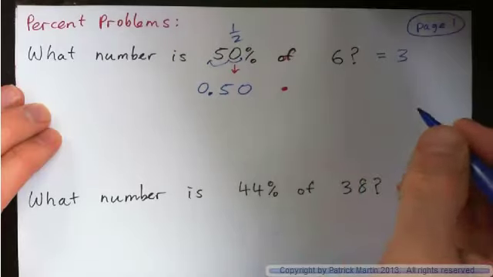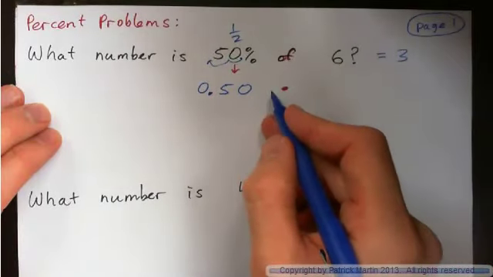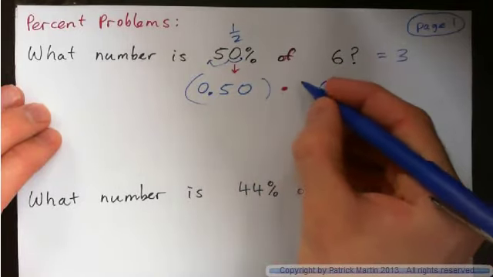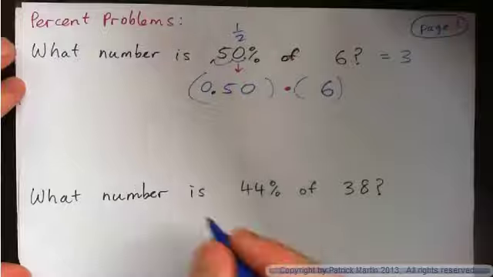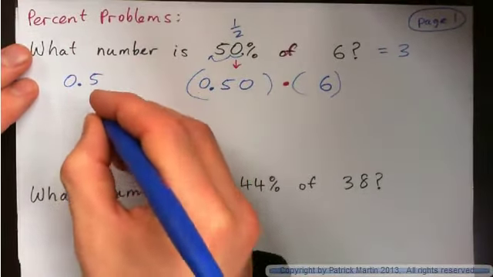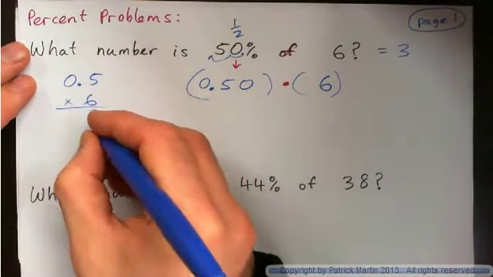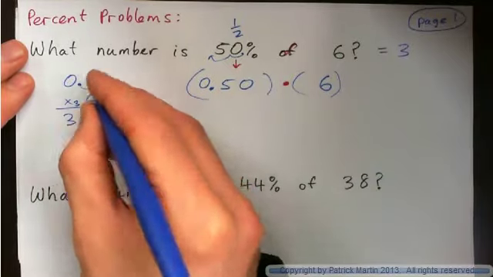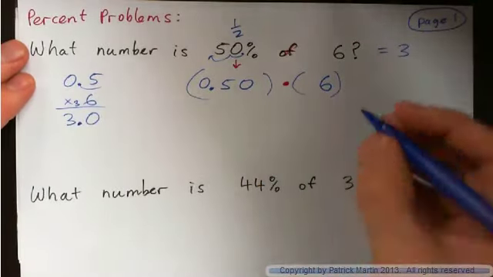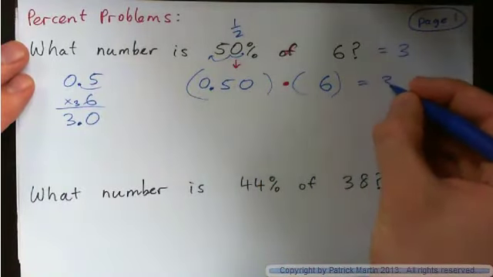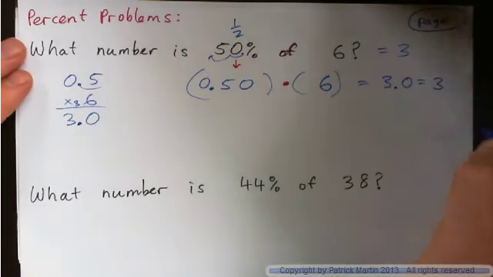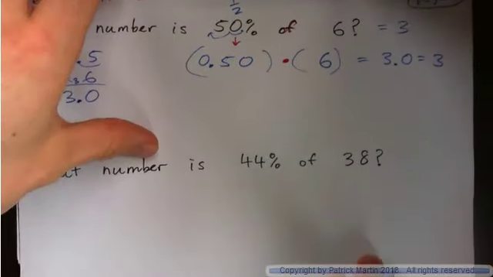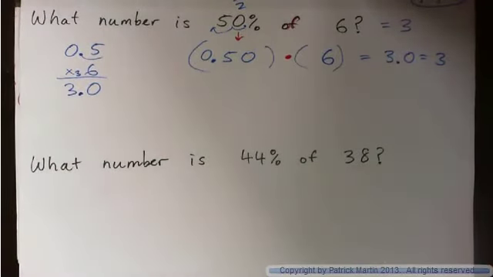So 50% of 6 is 0.50 times 6. So you can just multiply these numbers. 0.5 times 6: 6 fives is 30, carry the 3, 6 zeros is 0 and 3 is 3, and 1 decimal point in the problem, so 3.0. So 0.5 times 6 gives 3.0 or 3, right? So that's the strategy: turn the percentage into a decimal and multiply.